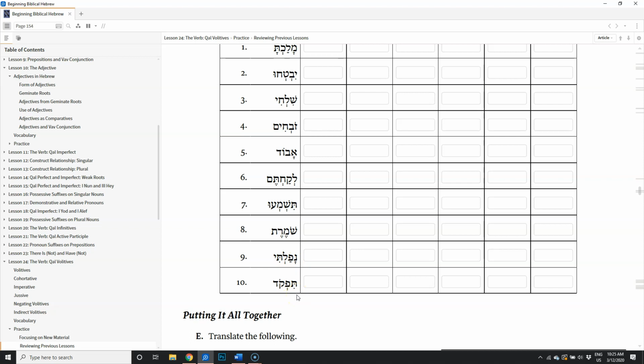And then here, this is just a regular imperfect. So the tav is the prefix. You've got a holum in R2 to indicate imperfect. So from pakad, it will either be 3FS or 2MS.